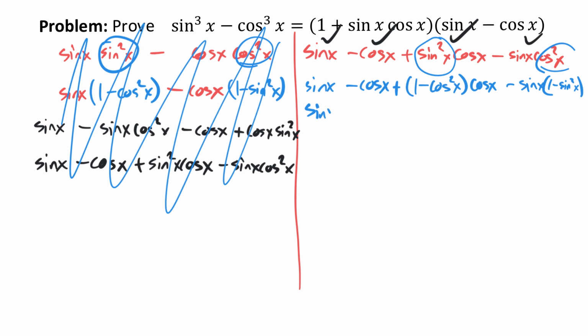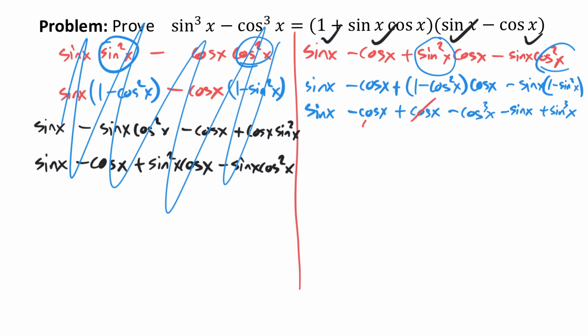We get a sine x. Here we get a plus 1 times cos, which will be plus cos x. And a minus cos cubed x. Here we get a minus sine x. And we get a plus sine cubed x, because sine x times sine squared is sine cubed.